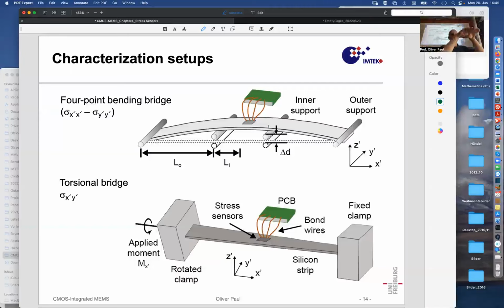It's strongest at the support, and it's weakest where you apply your finger. If you don't apply a momentum, a torque, then that curvature just dies to zero. It vanishes at the load application site.